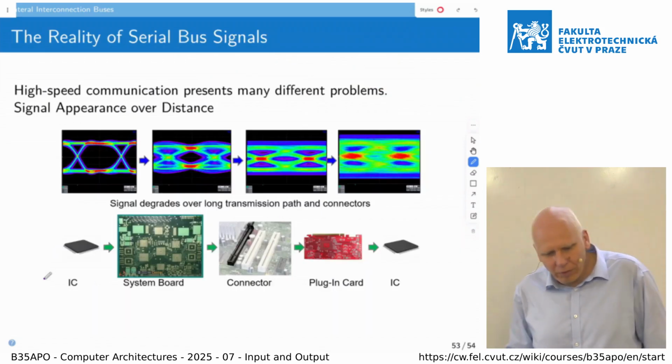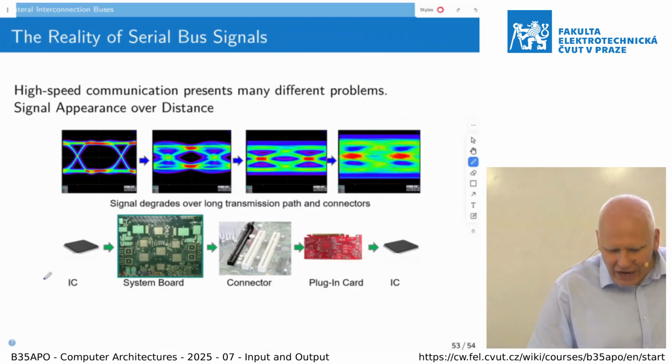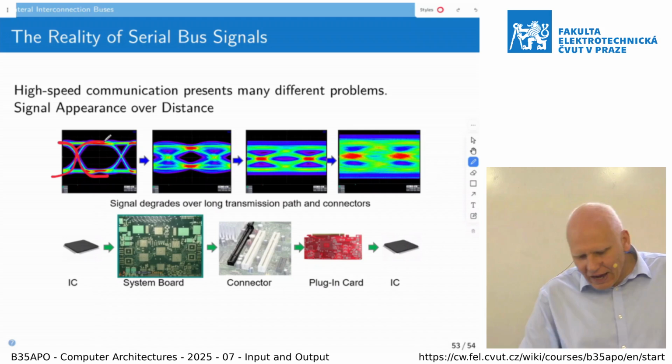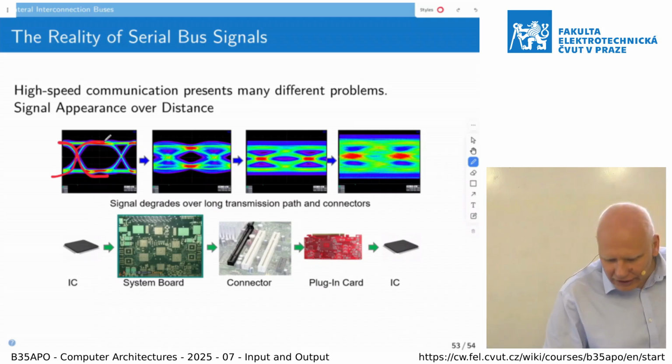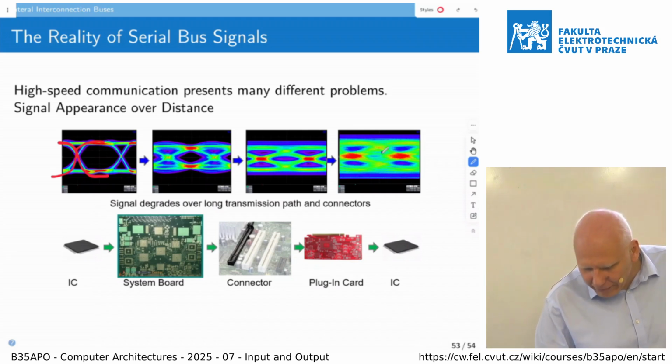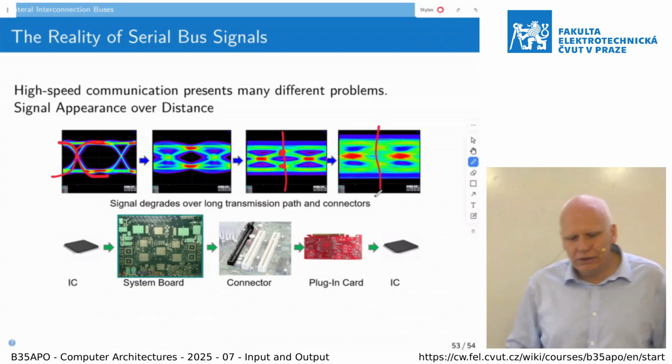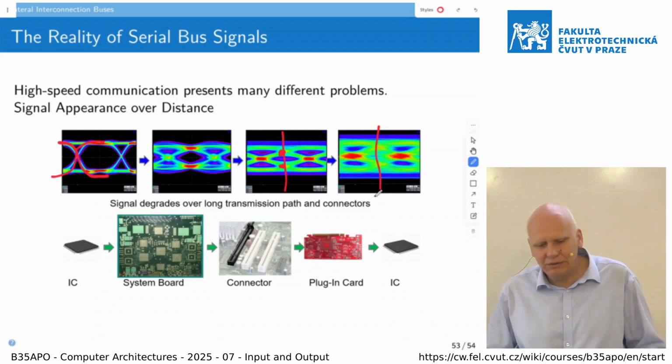The problem is that for those very high frequencies, you start with a signal where you have a transition from 1 to 0 and from 0 to 1. As the link gets longer and longer, at some moment you cannot distinguish which are the ones and which are the zeros.